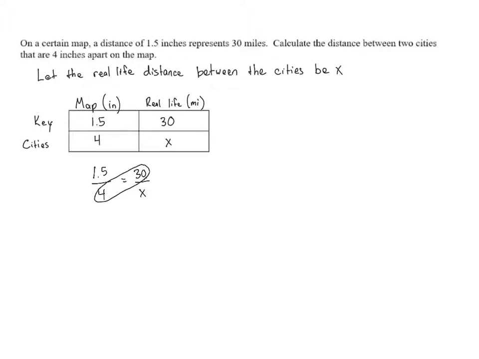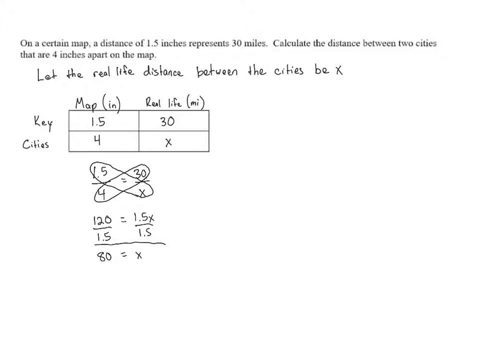So I'm going to take 4 times 30, and 4 times 30 is 120. And that's equal to 1.5 times x, which is 1.5x. Now, if we want to get x alone, we have to get rid of that 1.5, and we have to divide by 1.5. And 120 divided by 1.5 is 80. So we have 80 equals x.